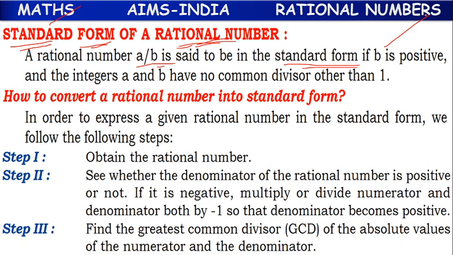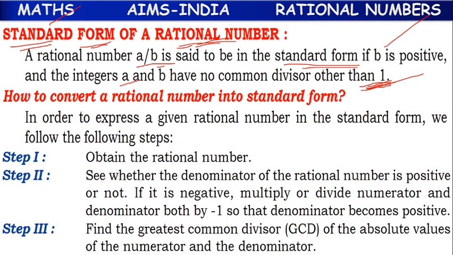What is b here, children? B is the denominator. It means the denominator is to be positive, and the integers a and b have no common divisor other than 1. Means their HCF is 1, or they are in lowest form.